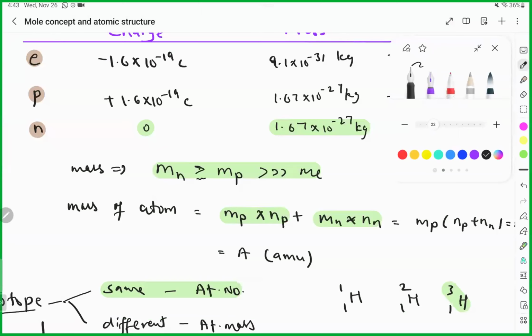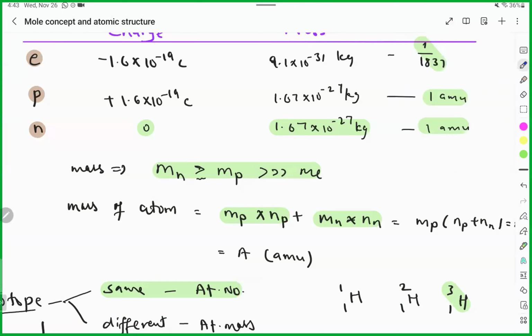Because it is almost 2000 times less than proton, so you will neglect the mass of the electron. It's like electron mass is 1 kg and proton mass is 2000 kg. So you will neglect 1 kg compared to 2000 kg, right?